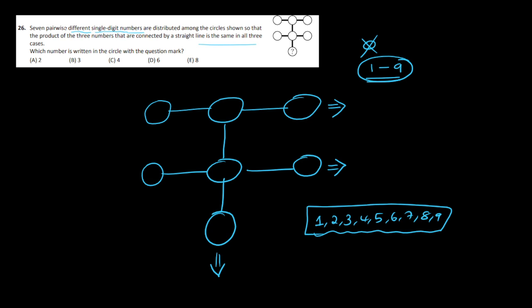So how many spaces do we have? 1, 2, 3, 4, 5, 6, 7. If we can have a number which has a minimum of 7 factors out of 1 to 9, then probably we can fill up those factors in the spaces and try to solve it.